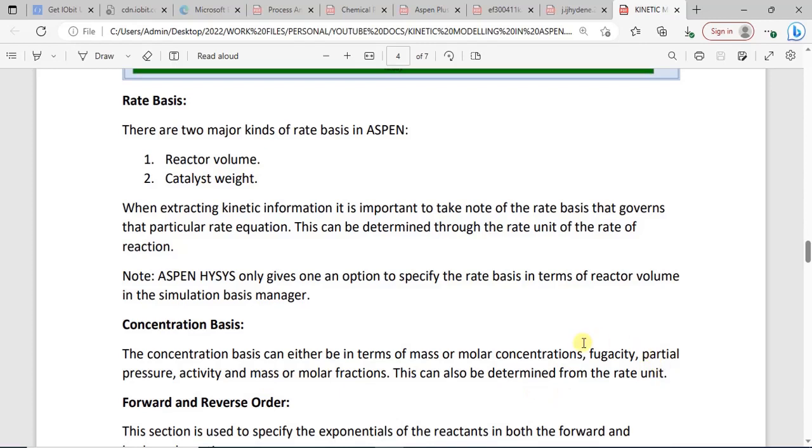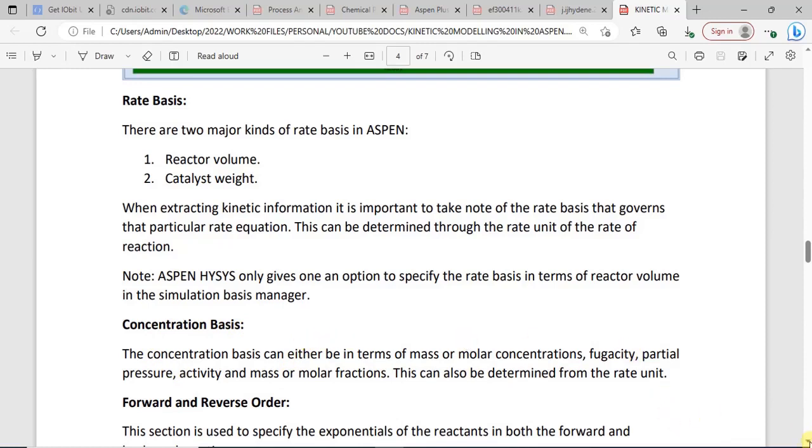You can also determine which concentration basis your rate expression is based on from the rate unit as well. So basically that's it.